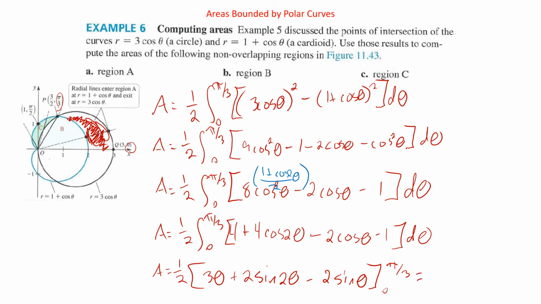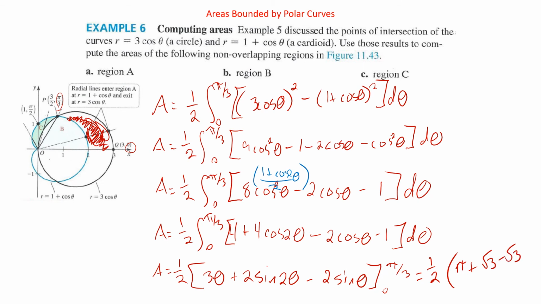So we can plug in, let's see, we'll have 1/2 times, plug in pi over 3. 3 times pi over 3 will just be pi, plus 2 times sine of 2 pi over 3 will be root 3 over 2, times 2 will be root 3, minus 2 sine of pi over 3, that's going to be root 3 over 2 times 2, so there'll be a minus root 3.